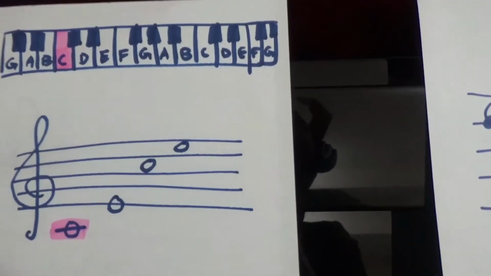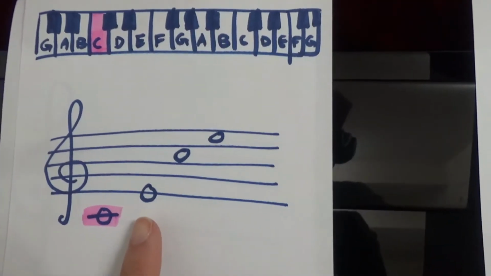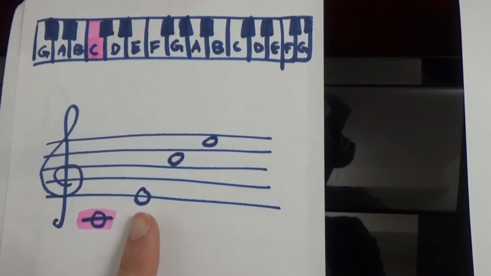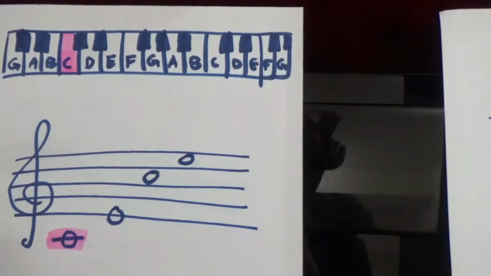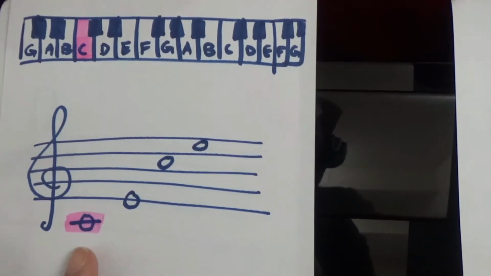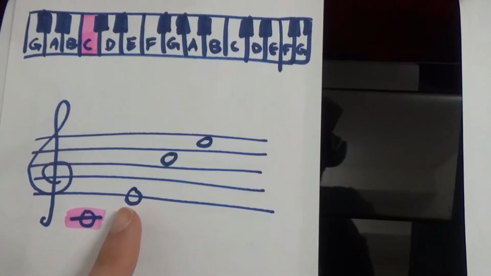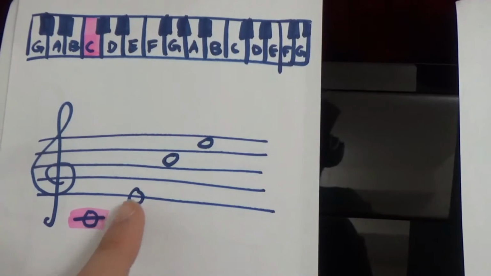So if you remember how to read music, then you will know that this note here is identified as E. But is it going to be this E or that E? Well, if we take a look at the distance between middle C and this E that we have here, we can see that the distance isn't very far.